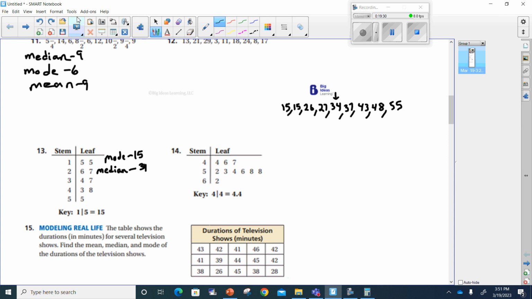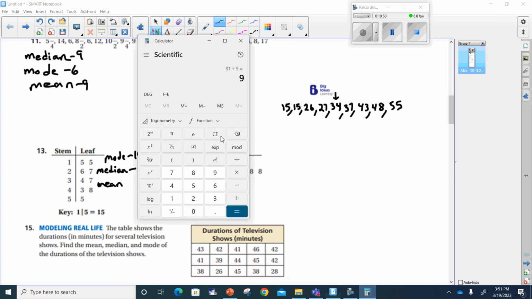Sorry, that turned out kind of messy. All right, and then we have the mean. Once again, we're going to have to add up all the numbers and then divide it by the number of numbers there are. At least there's no fractions this time, right? So 15 and 15, that's 30. 30 plus 26, that's 56.